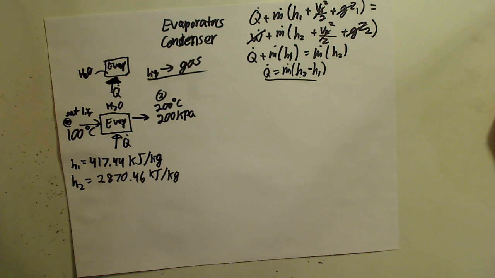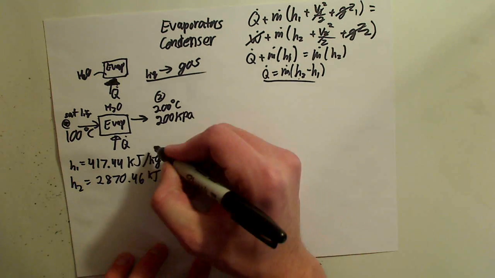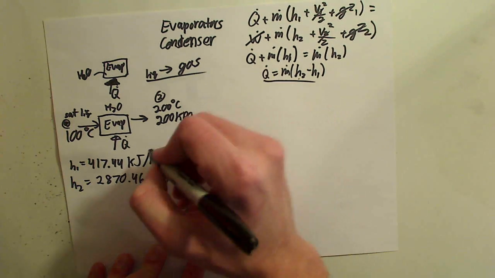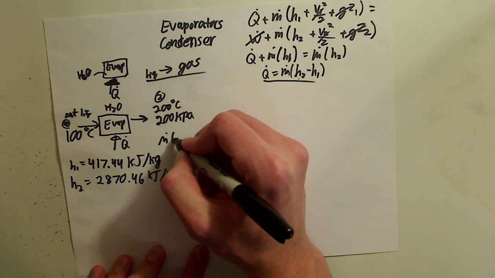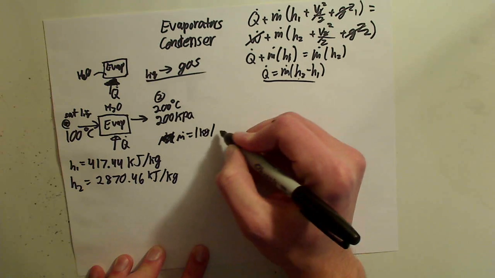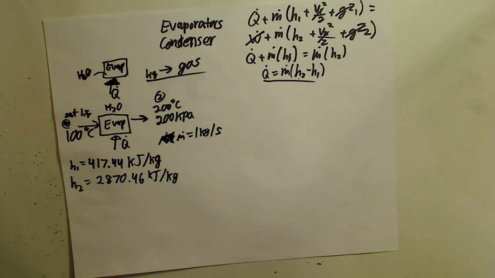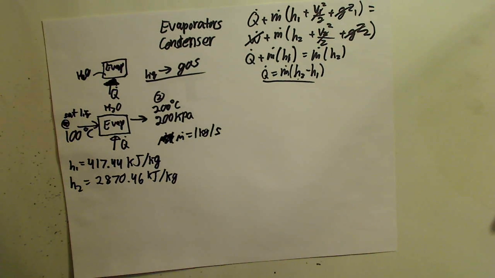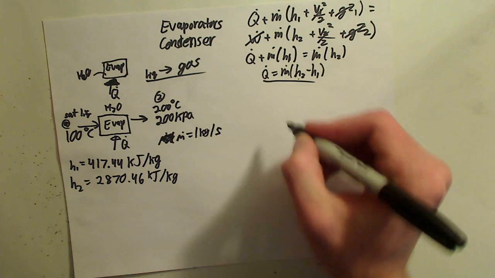Now we have everything we need to solve the problem except for the mass flow rate, which I forgot to give you, which, for simplicity, is 1 kilogram per second. So, plug and chug.